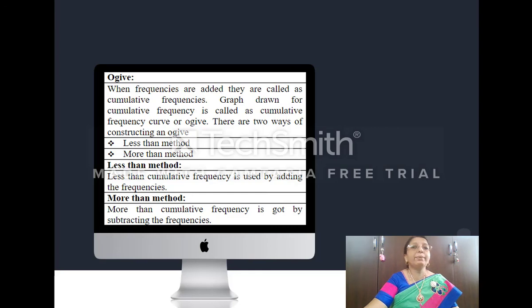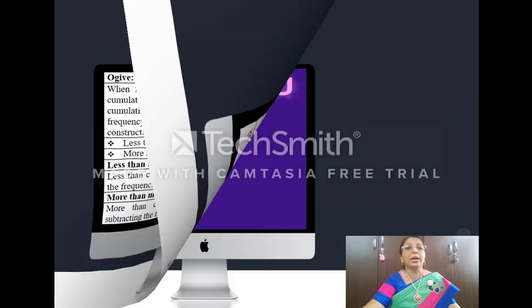So your cumulative frequency will be 11, 6, 3, 1. When it is added from the bottom, it is more than cumulative frequency. When it is added from the top, it is less than cumulative frequency. And when you draw a curve to it, it is a less than ogive or a more than ogive.